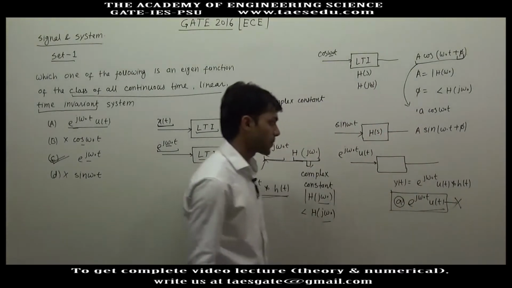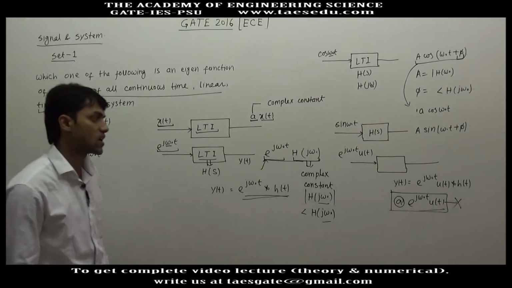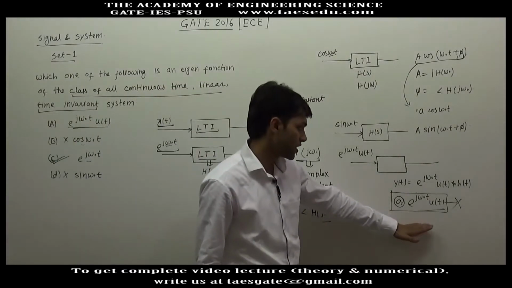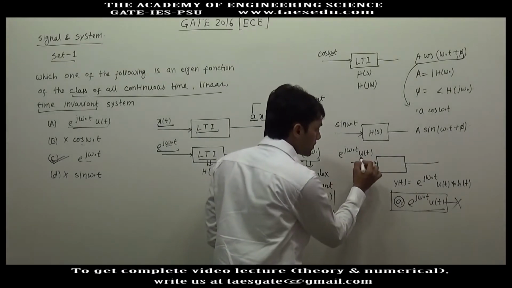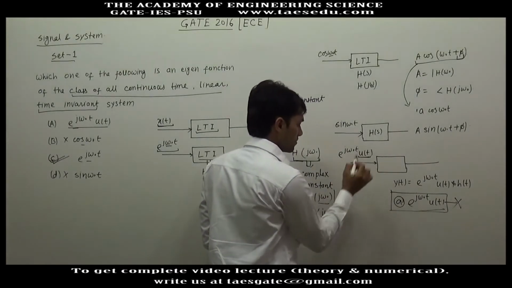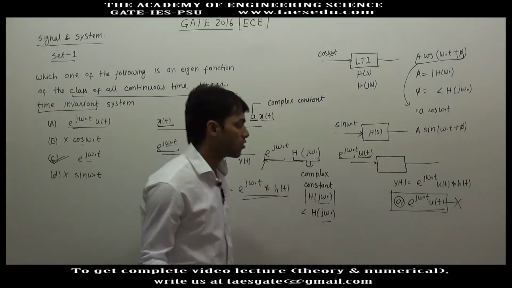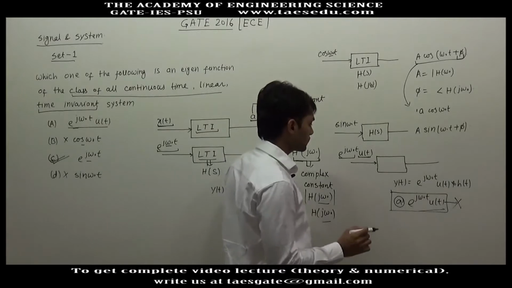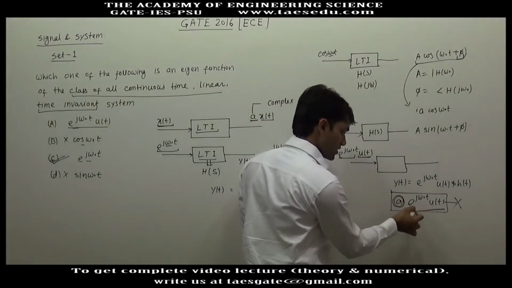I have already taken this example in the theory lecture on system response, and I proved that if you multiply the input e to the power j omega naught t by u(t), the unit step, the output will not be a complex constant times the same input.